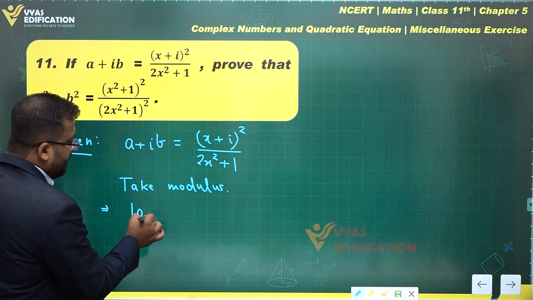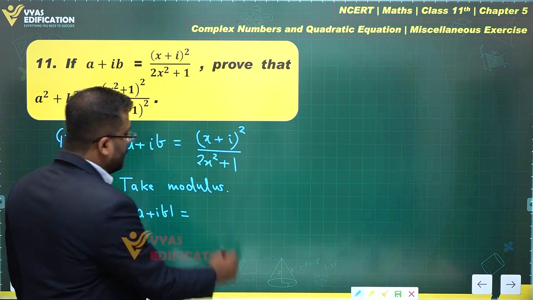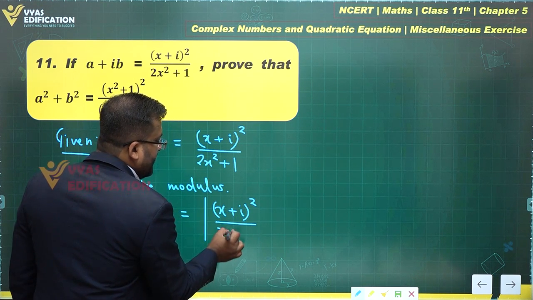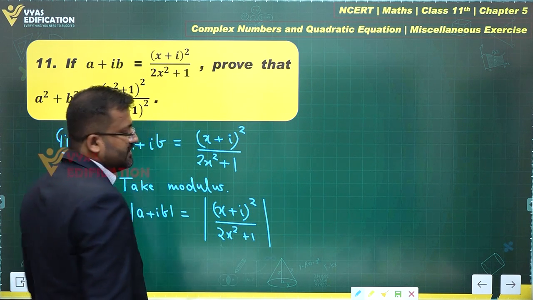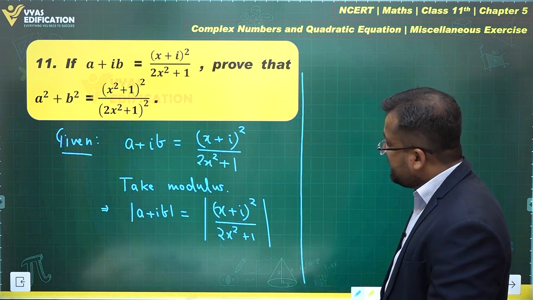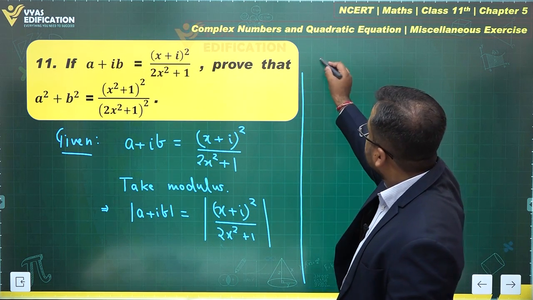It implies that modulus of a plus ib is equal to modulus of this whole thing, which is (x plus i) whole square over 2x square plus 1. This is what we have, right? That's pretty simple.